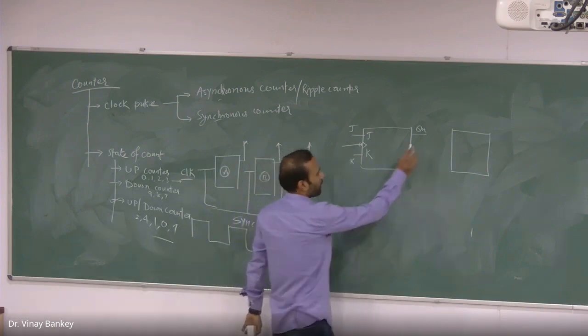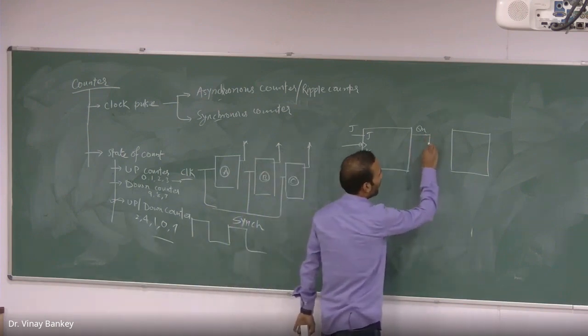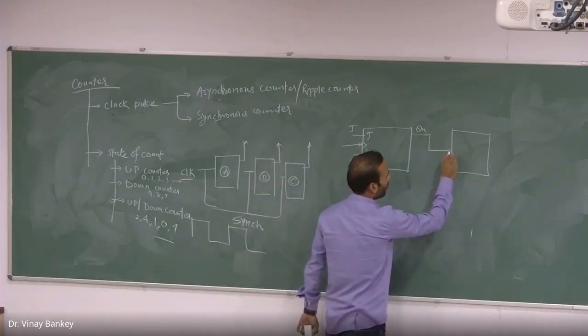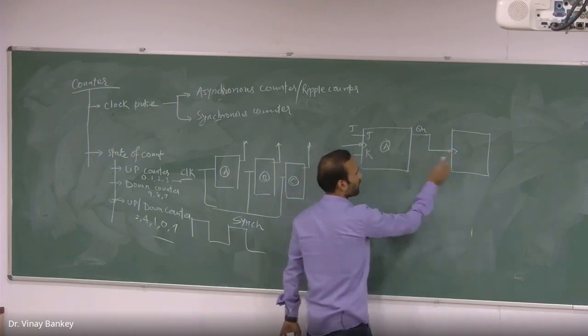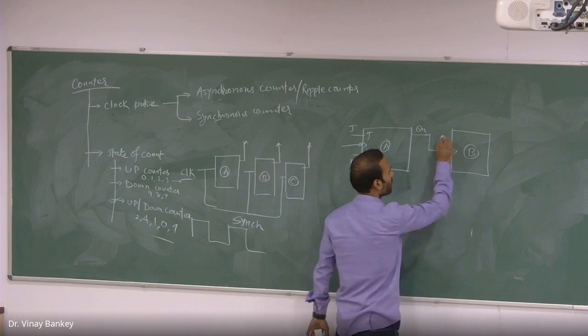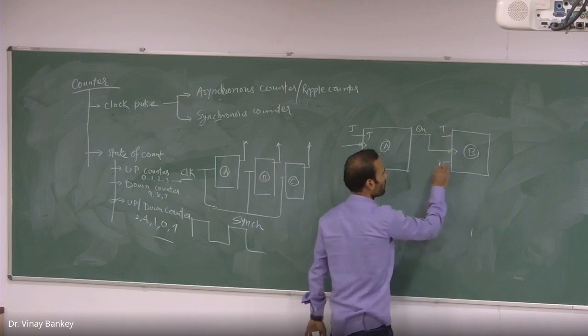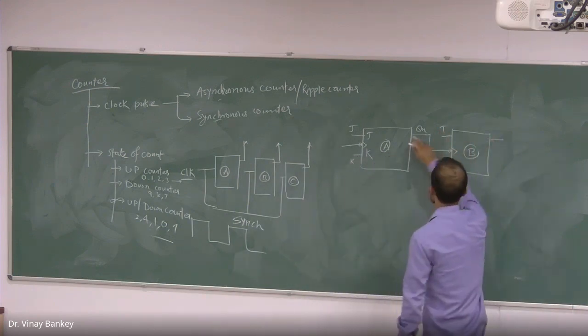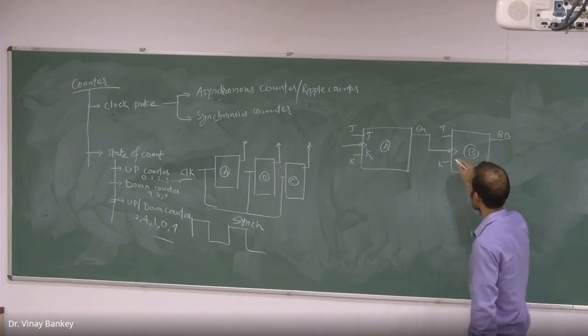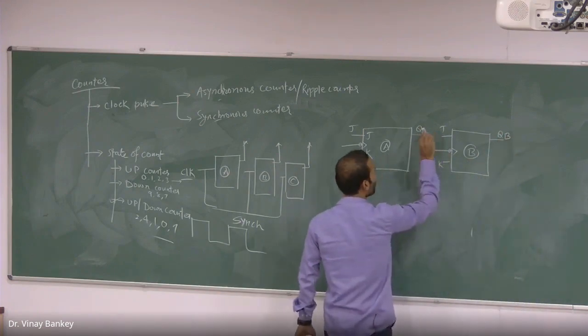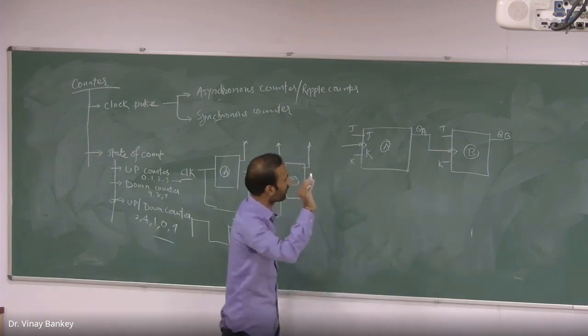Okay, and here I have applied the clock pulse to the next JK flip-flop. This is my A and this is my B flip-flop, with input from the output of the previous one. So the output of this one will be QB and output of this one will be QA. Okay.